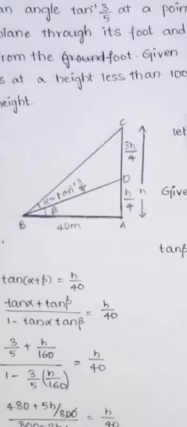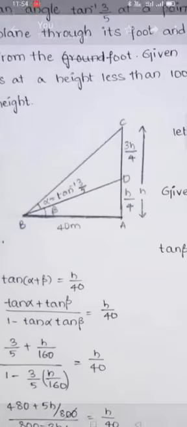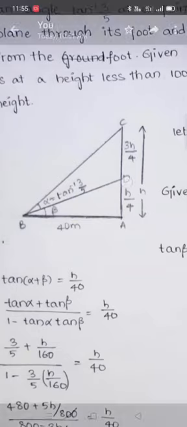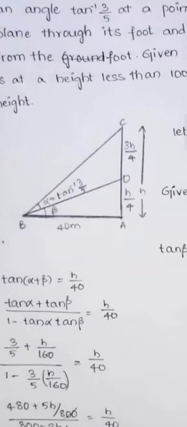Here AC bar is the pole divided into two partitions, that are CD bar and AD bar. CD bar is the 3 by 4th length of the pole, and AD bar is the remaining 1 by 4th of the length of the pole.